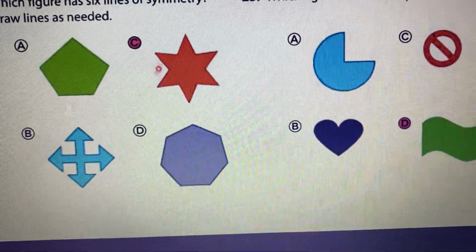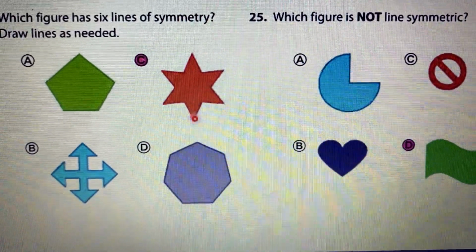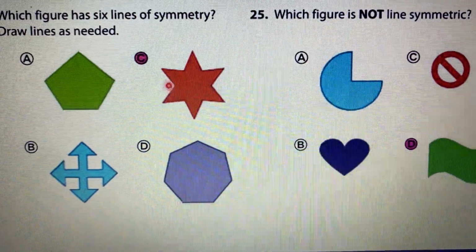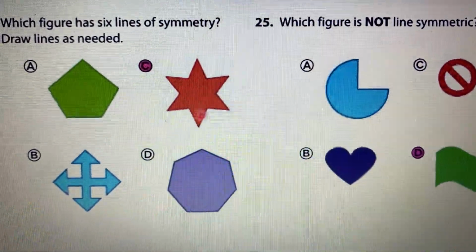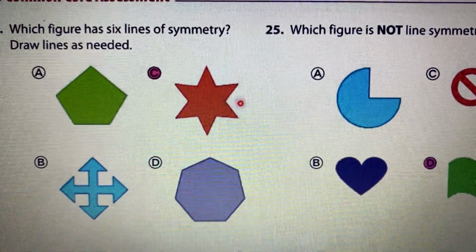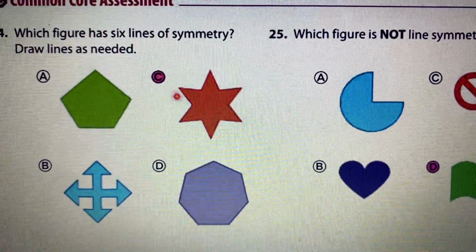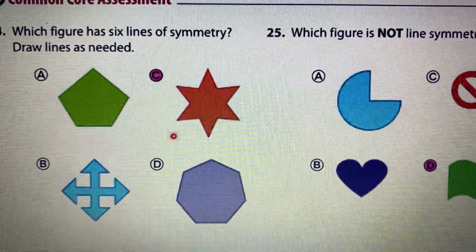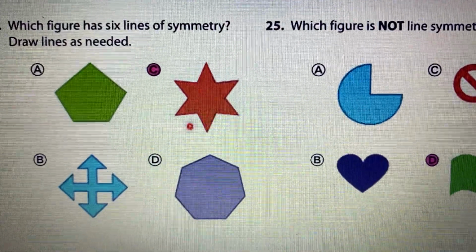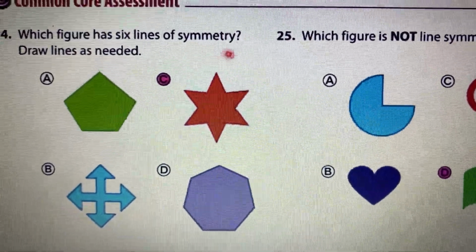So no, we need 6. Let's try the star. From the top to the bottom, this is 1, this is number 2, this is number 3, this is number 4, 1, 2, 3, 4, okay, yes, here 5 and 6. So the answer is C.